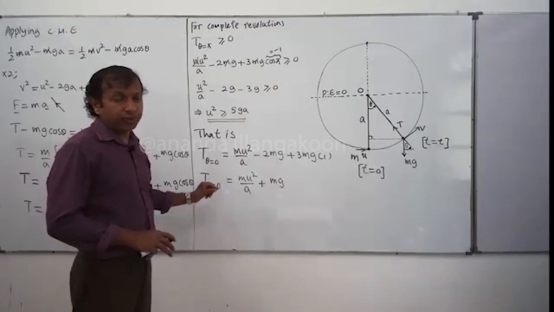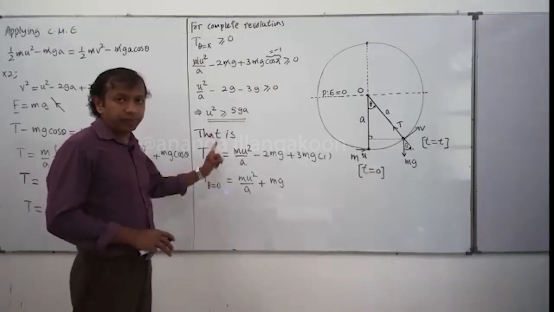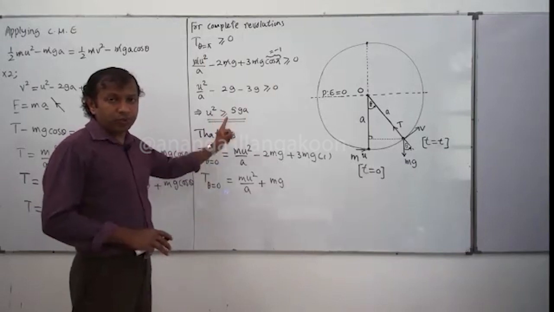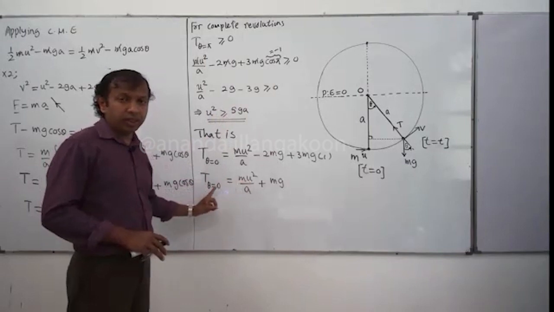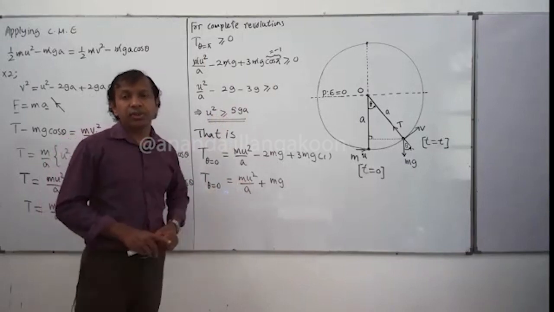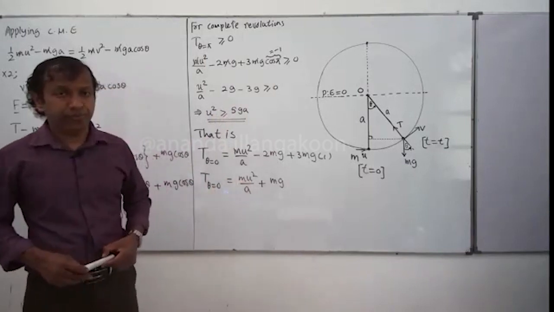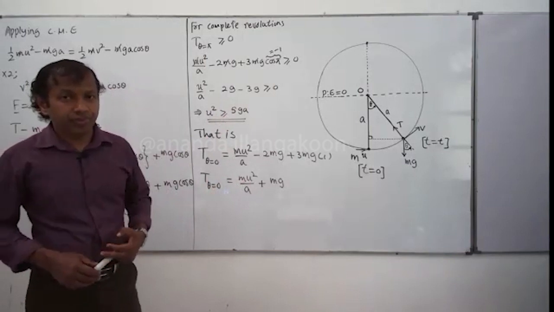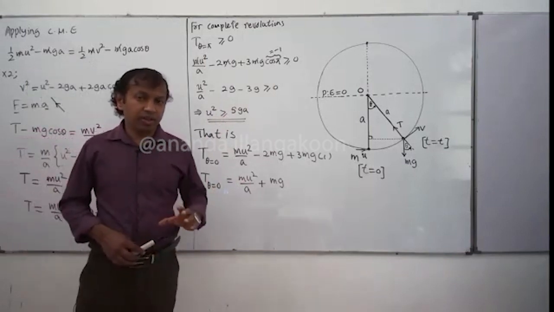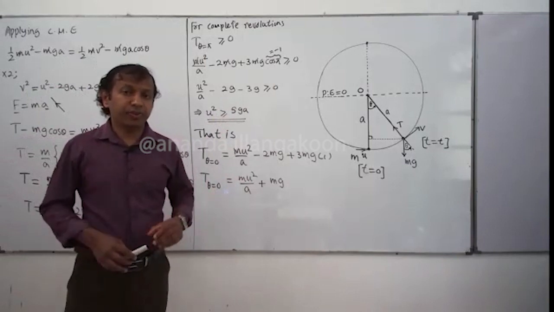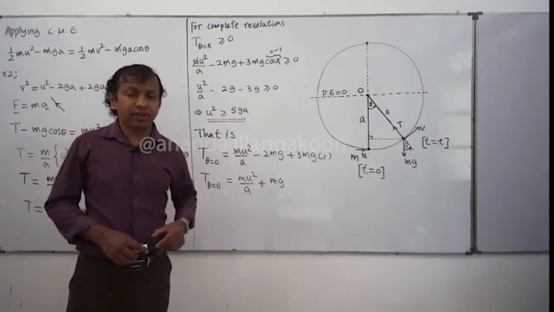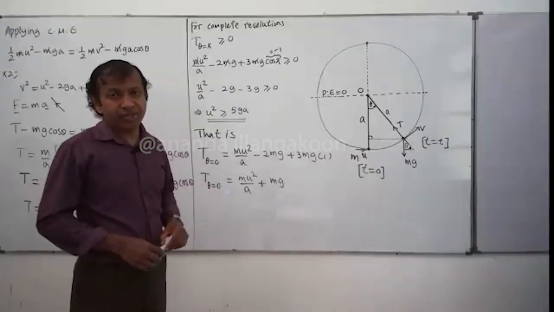Definitely that tension occurs in the spring. If the spring can't bear at least that tension, what happens? When we project the particle, the spring will break. Can you understand my logic?